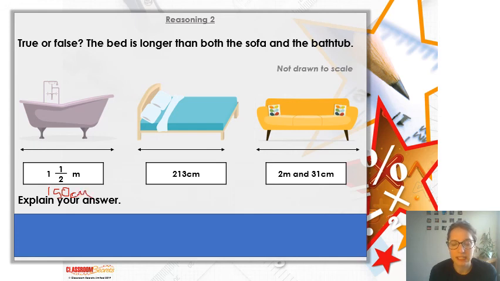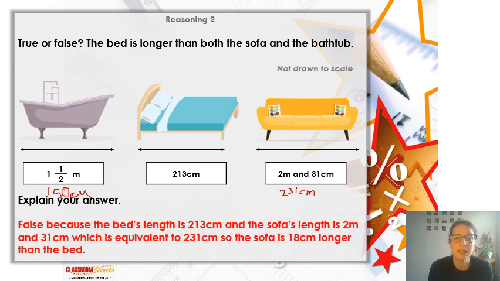This one's already in centimeters, so then we can check this one. 2 meters times 100 is 231 that we've already got from there. Okay, so now we've converted them, a bit easier to see. So it is false. Okay, so the bed is longer than the bathtub, but the sofa at 2 meters and 31 or 231 centimeters is longer than the bed.